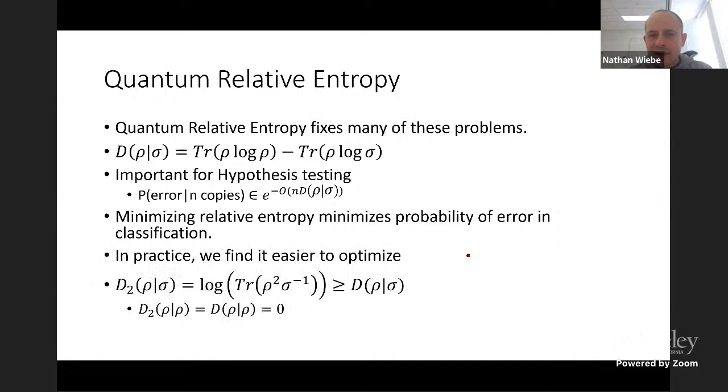But one thing that comes up is that it's often difficult for us to optimize this function. One of the main reasons is that it involves matrix logarithms, and so we've got to differentiate matrix logarithms.